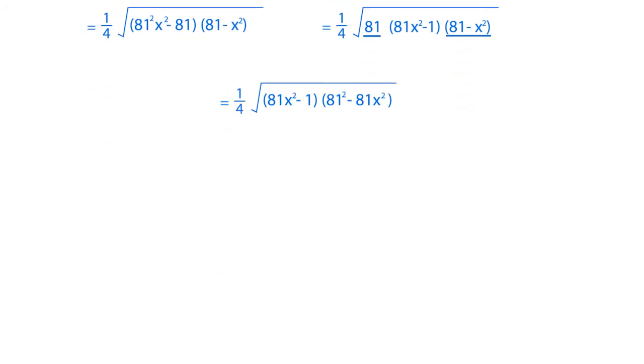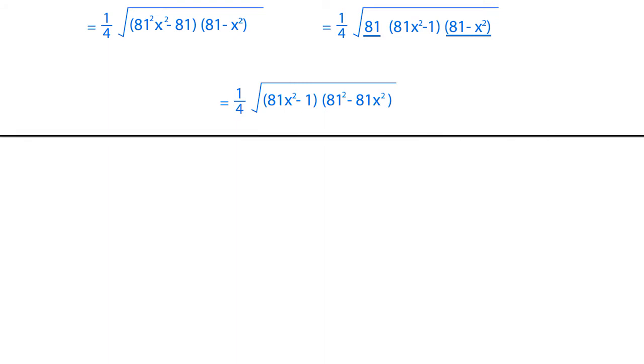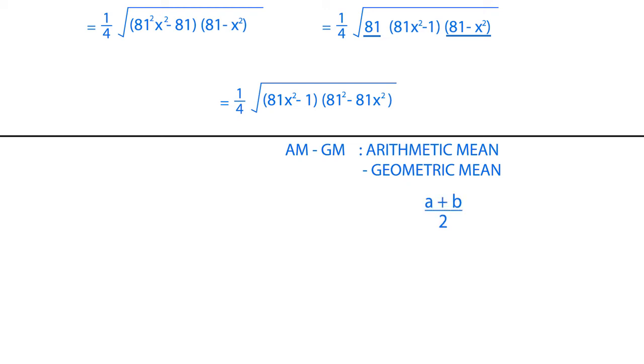At this point, you will use something known as AM-GM, which refers to arithmetic mean, geometric mean. AM-GM states that if you have any two numbers, say a and b, and you take their arithmetic mean, which is of course just (a plus b) divided by 2, it will always be greater than or equal to the geometric mean of those same two numbers, and the geometric mean is the square root of a times b.